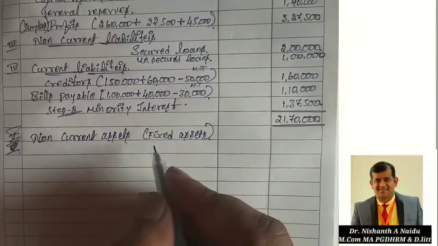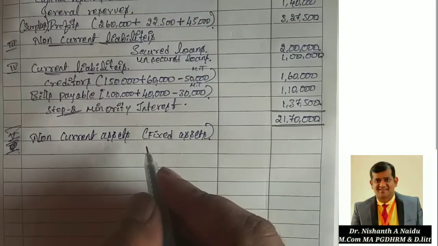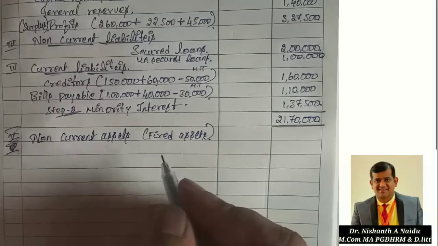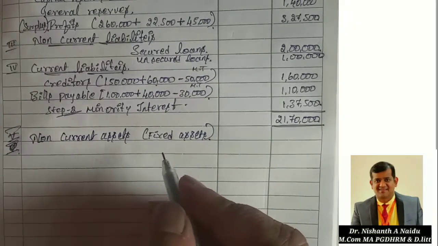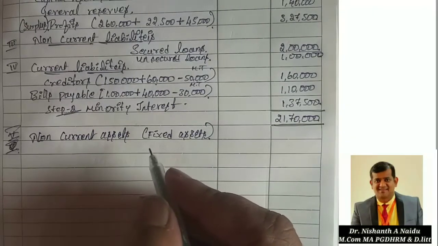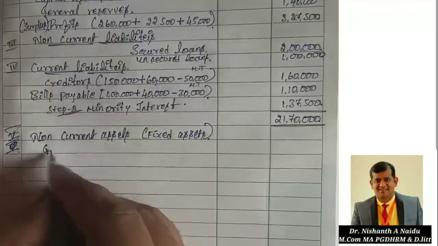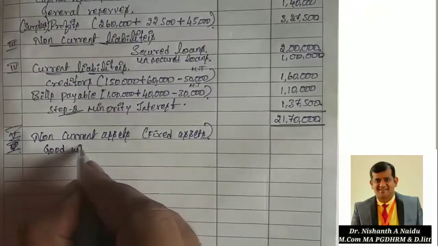Check out what non-current assets he has given. The first item he has given is goodwill. Let us take in that order only. So first I am taking goodwill.